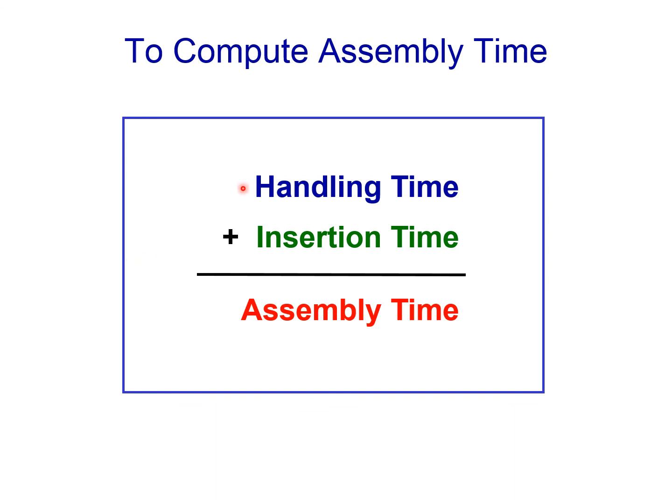Handling time is the time it takes to handle and manipulate the part to get it in place. Insertion time is once you get the part in place, what you can do with it. Do you just drop it, or do you have to hold it down and screw it or whatever?